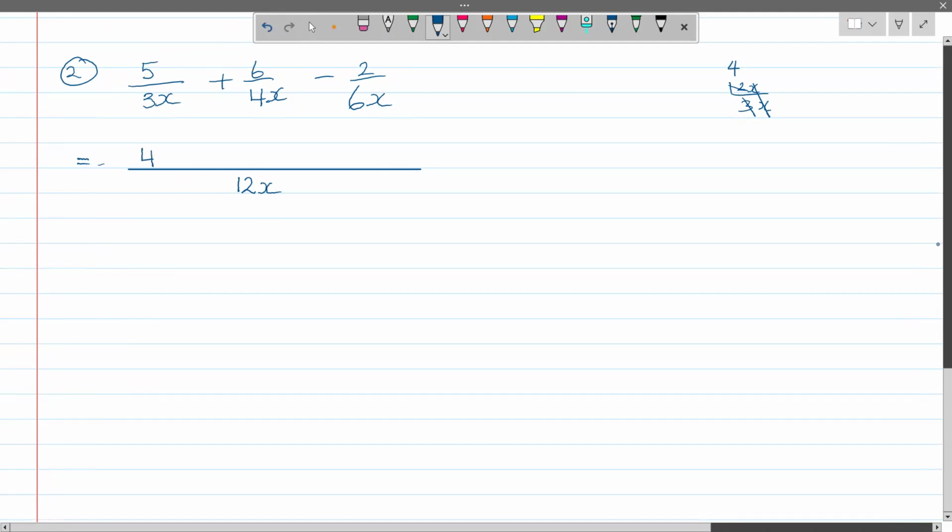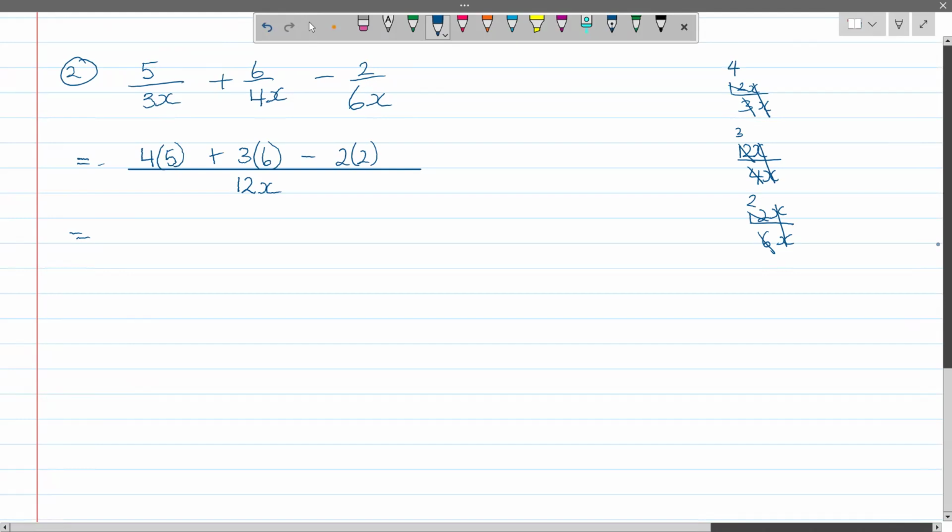And we'll do 4 multiplied by 5. Plus, again, 12x divided by 4x. The x's will cancel. 4 will go into 12 3 times. So I get 3 by 6 minus 12x divided by 6x. The x's will cancel. 6 will go into 12 2 times. And we get 2 by 2.